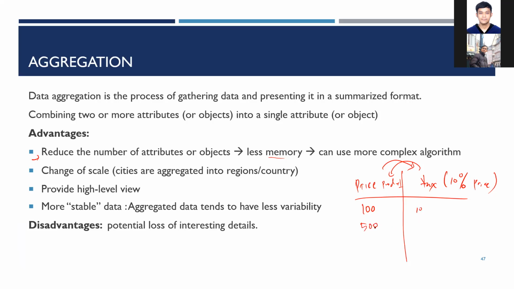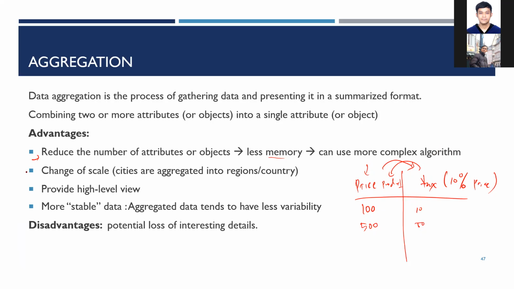If the product is 500, then the tax is 50. So these two attributes are basically related to each other. Instead of using both of them, we can just use price only. So the number of attributes becomes smaller.